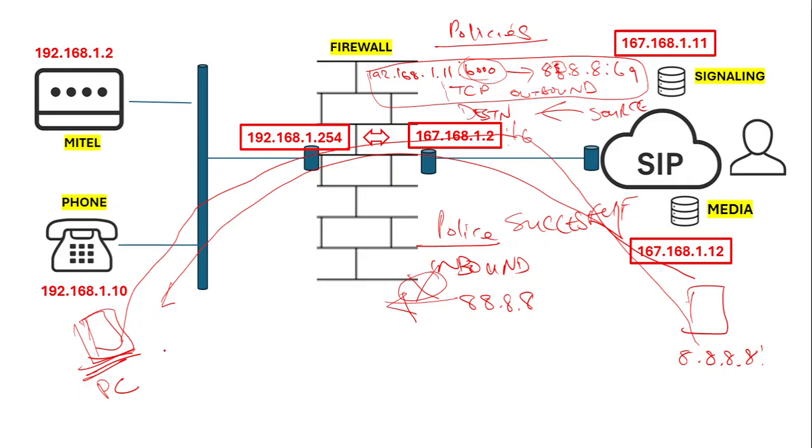If it was asking what IP address is youtube.com, and it was asking 8.8.8.8, and then there's no response that comes, so it doesn't know what is the IP address to connect you to youtube.com, so it's going to fail to connect to YouTube.